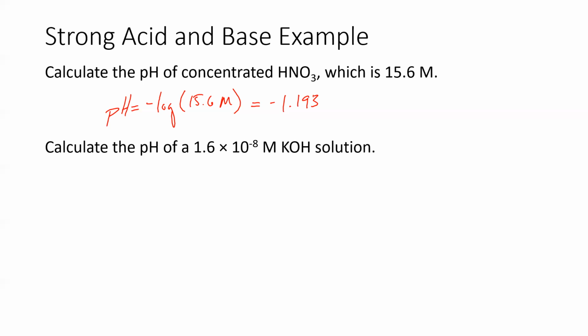All right, the pH of a very dilute KOH solution. Well, we need to do pH equals 14 minus pOH, which is the negative log of 1.6 times 10 to the negative 8.